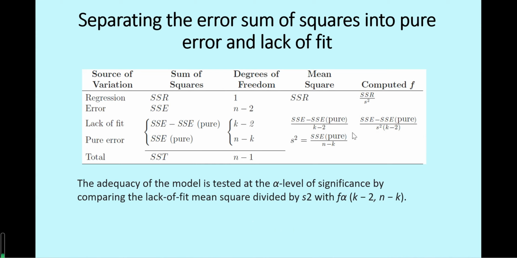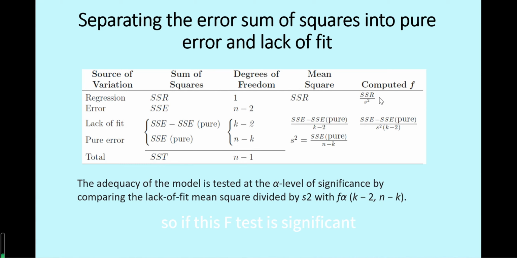If this part is very small, under the assumption we will test this part. So the null hypothesis is that lack of fit is very small, is 0. Under this assumption, this term will follow an F distribution with these 2 degrees of freedom.